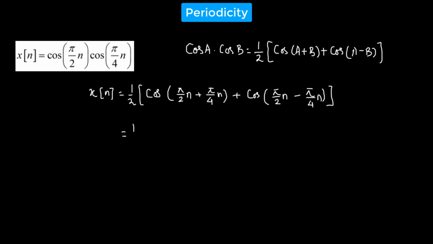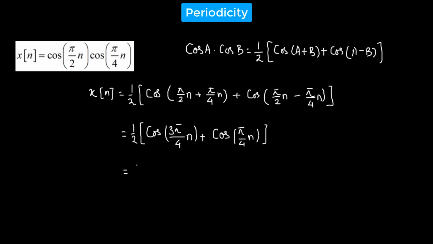This becomes half cosine of 3 pi over 4 times n plus cosine of pi over 4 times n.